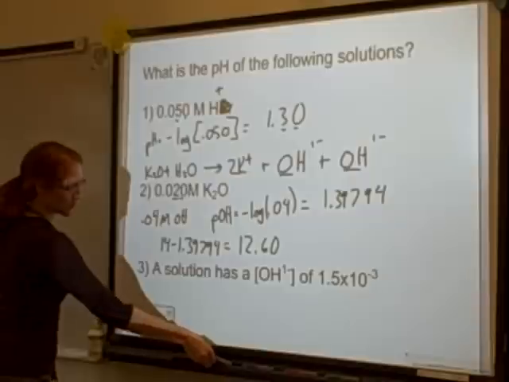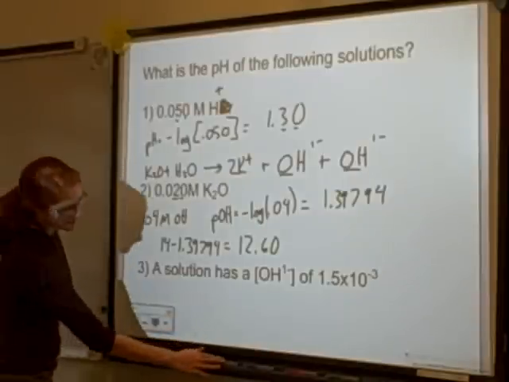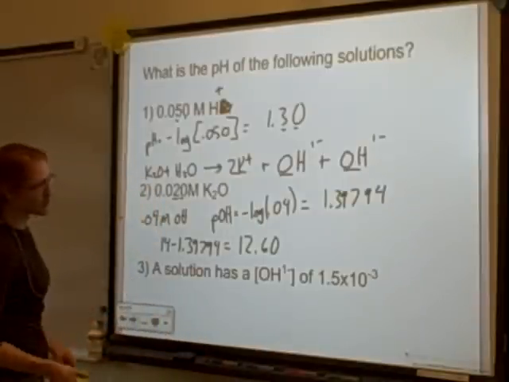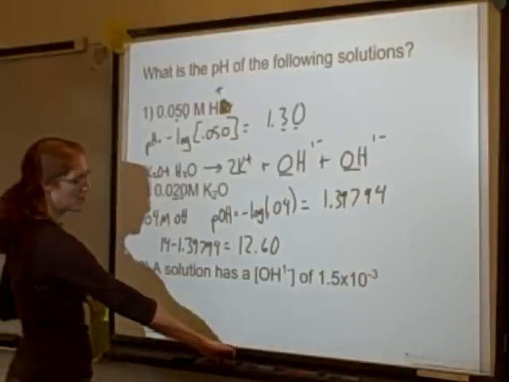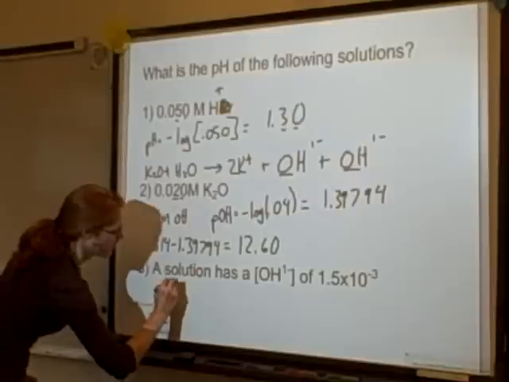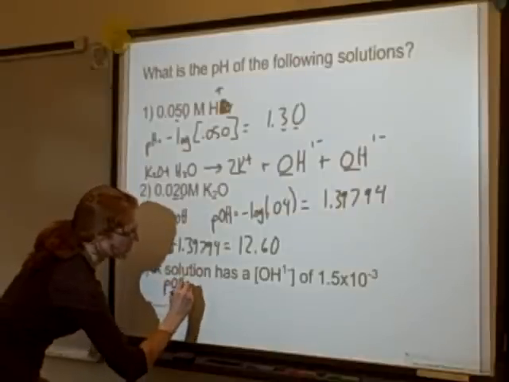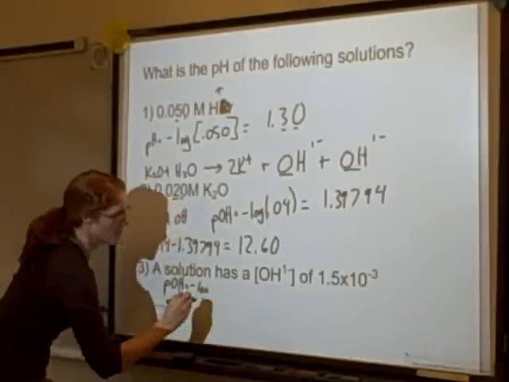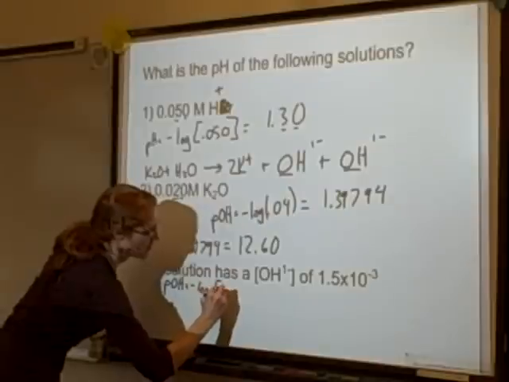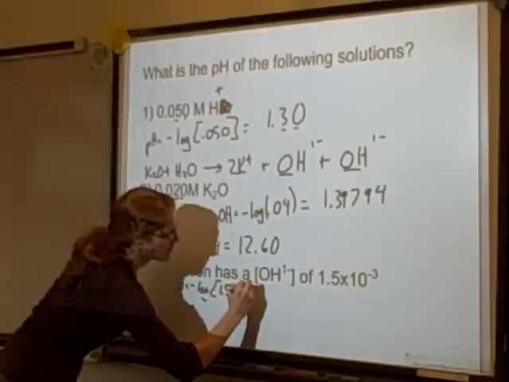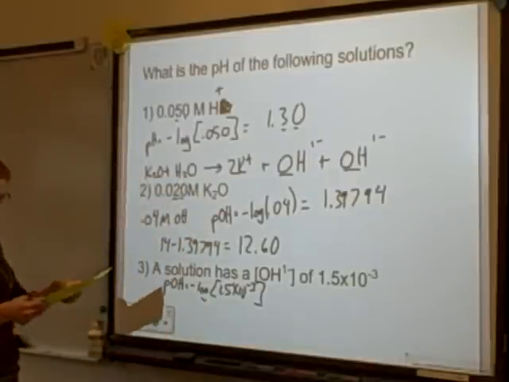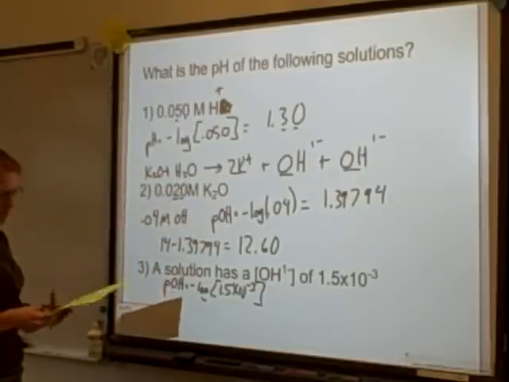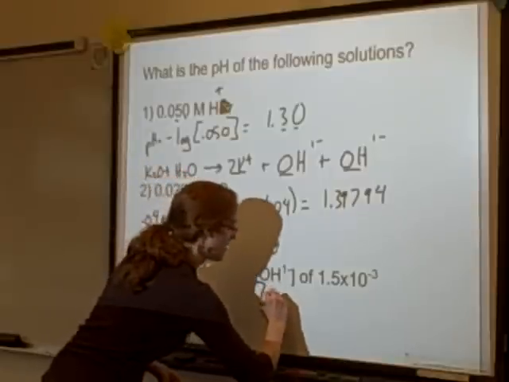So for the last one, I have a solution as a concentration of hydroxide of 1.5 times 10 to the negative third. So pOH is just the negative log of the concentration of the hydroxide. So I just type that in, negative log, and I'm going to get a pOH of 2.839.